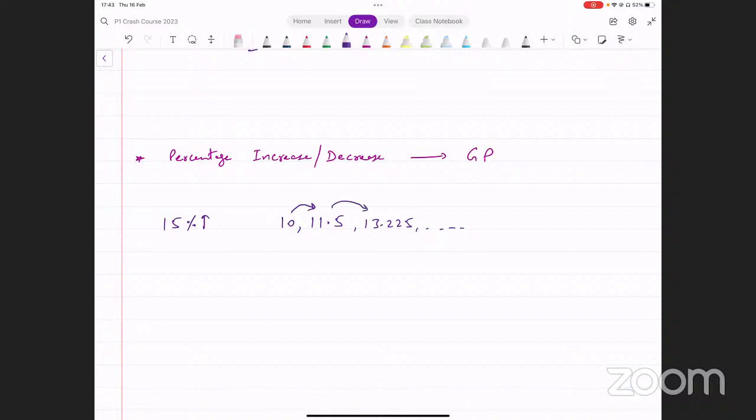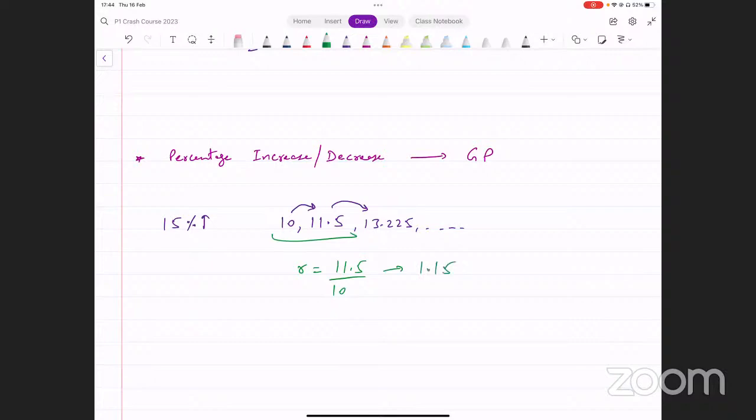And the problem would be, how do you find the ratio of this sequence? One idea is you could write down a couple of terms. So if the first term is 10, for instance, and the next term is 11.5, you could just have two terms like this, and you could find the ratio by dividing the next term, which is 11.5, by the previous term, which is 10, and that would give you the ratio directly, and that's going to turn out to be 1.15 in this case.